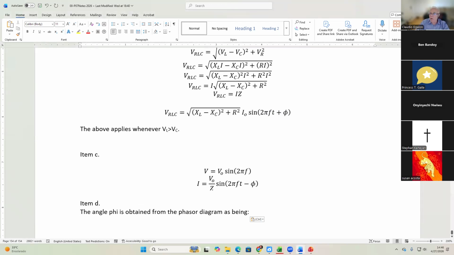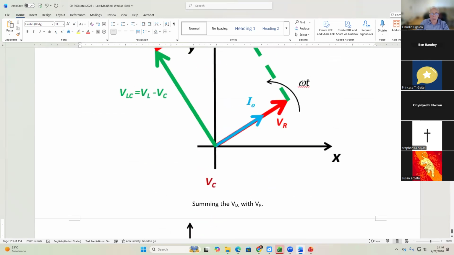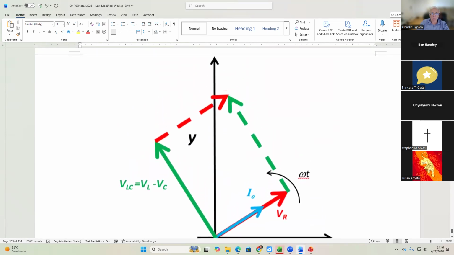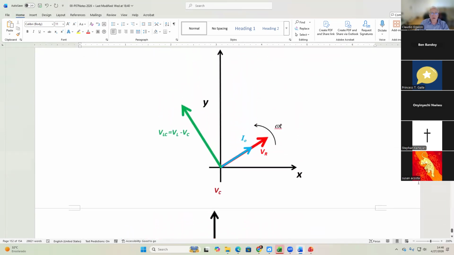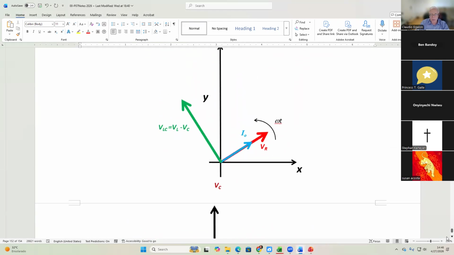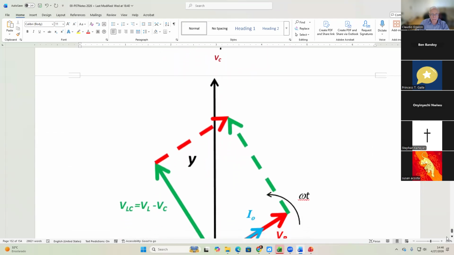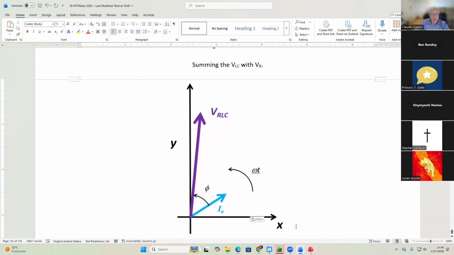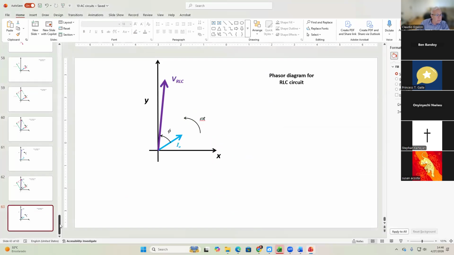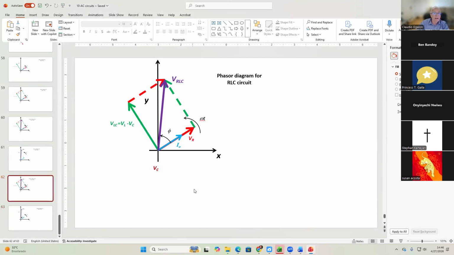Okay, go back to this guy right here. Let's see here. In order to see that, we've got to get the other ones here. Let me see if I can superimpose everything. I need this one here in order to get the angle phi.